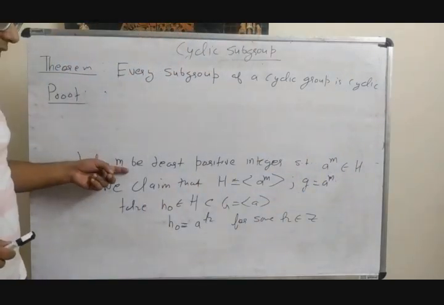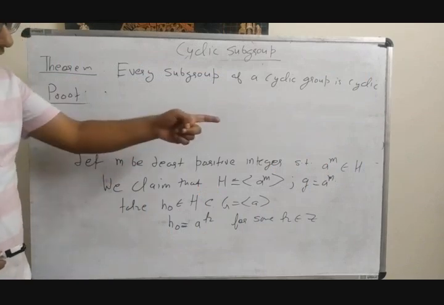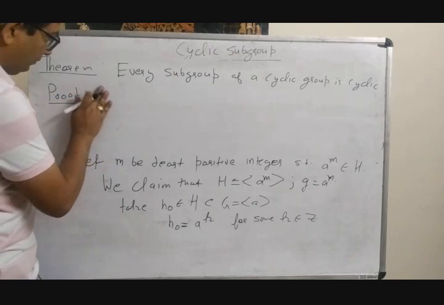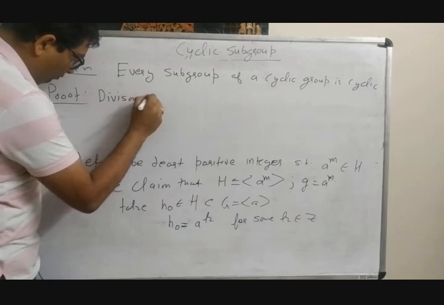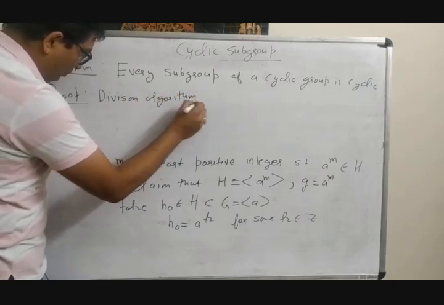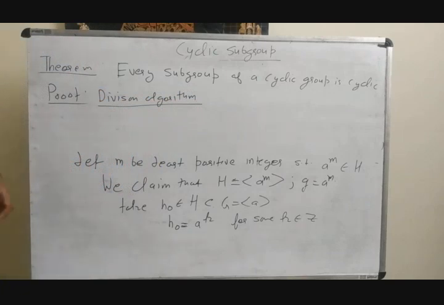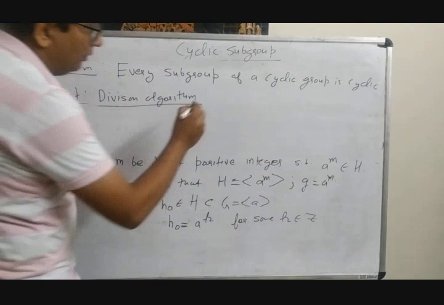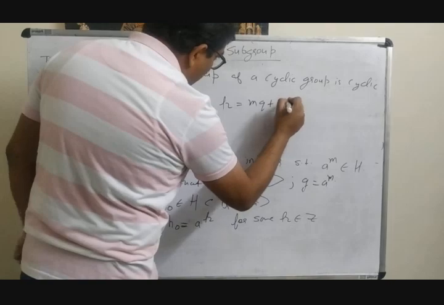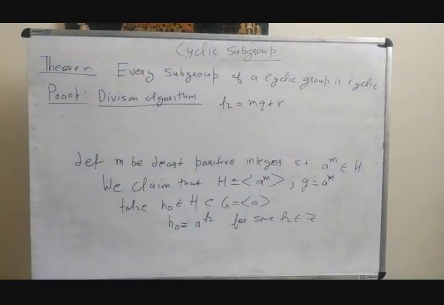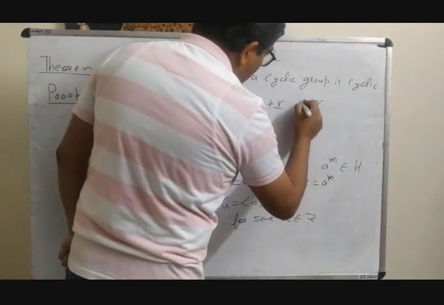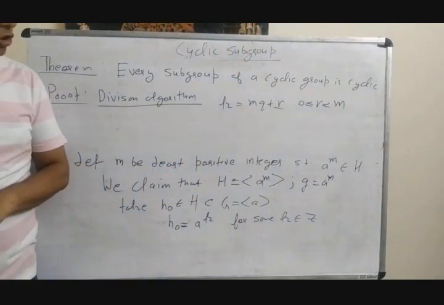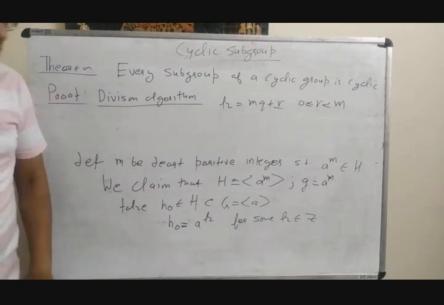But we know that m is the least positive integer such that a raised to power m belongs to H. So by the division algorithm, if we divide k by m, what will happen? k can be written as mq plus r, where r is greater than or equal to 0 and less than m.